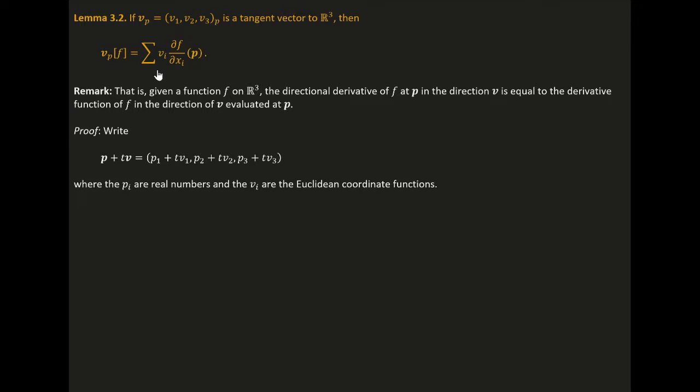The formula is somewhat reminiscent of the chain rule. So let us derive this formula. Just to interpret what this lemma is saying, it says, given a function f on R3, the directional derivative of f at P in the direction of v is equal to the derivative function of f in the direction of v evaluated at P. Okay, so we have the derivative of f at a point, and then we also have a derivative function.